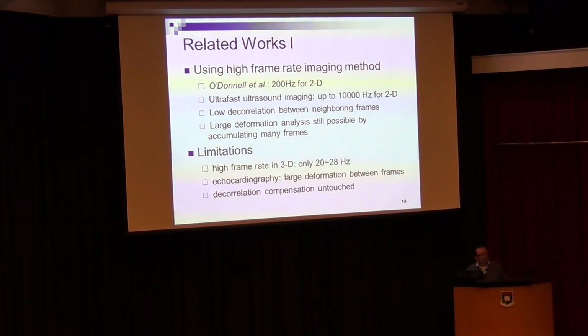With the current frame rate in commercial products, we can get 20 to 28 volumes per second. The deformation between neighboring frames still will be too large for this kind of hardware-based method to handle. In other words, the fundamental assumption that the features are motion invariant is still not true.